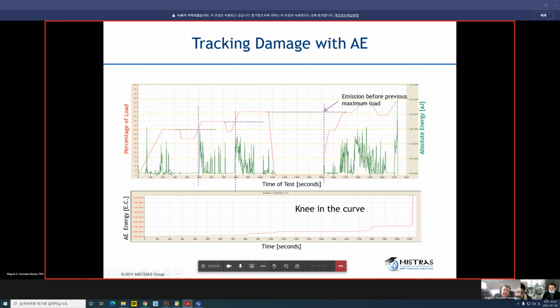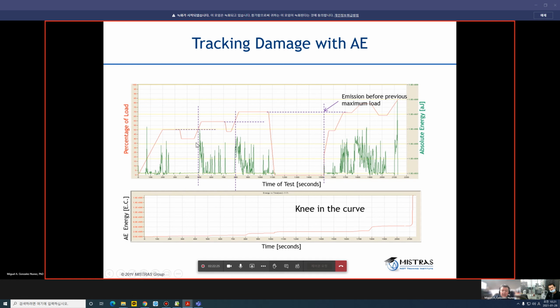And they go on even after we hold the load at this level. Then we unload that blade here, and there is no energy released by the acoustic emission, or actually no acoustic emission signal detected at this point.